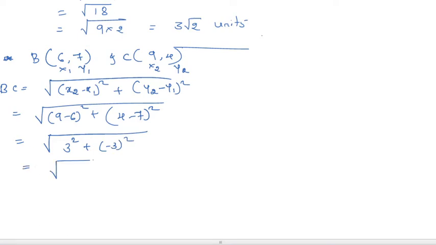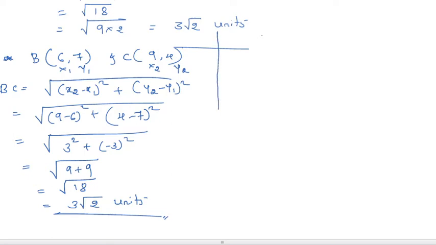Again you will get 9 plus 9 is equal to root 18. Root 18 can be written as 9 into 2. It is 3 root 2 units. It is the measurement of BC.